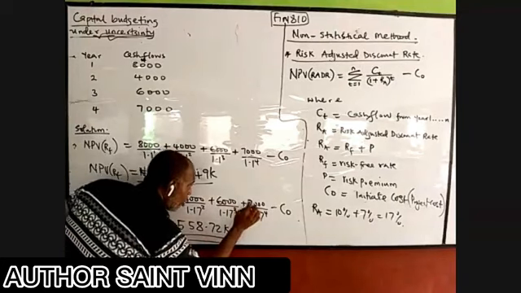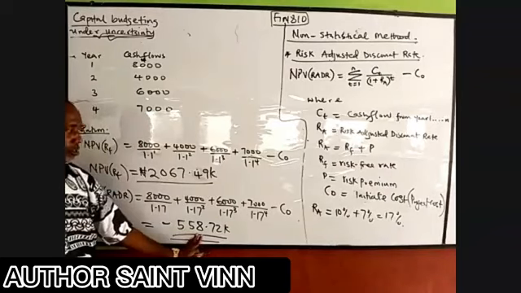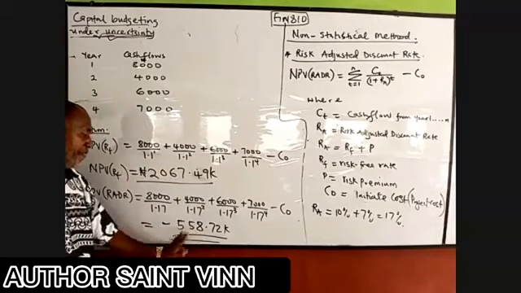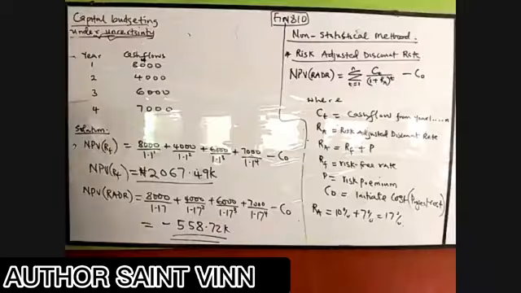Did you use 4,000 or 7,000 over 1.17? 7,000. Okay, 7,000. We use 7,000. Is the answer 558 or 556? It should be 558. 558.56. So that means with this now, we can do what?